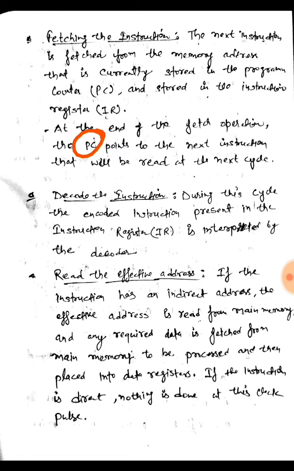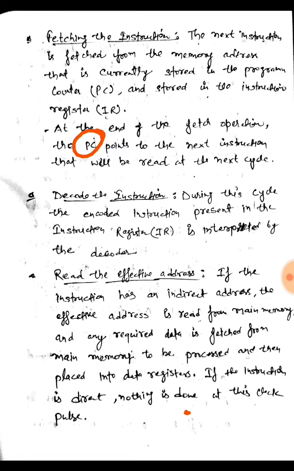Then the instruction will be decoded in the instruction register, and after that the next operation is to read the effective address. If the instruction has an indirect address, that is, if the instruction consists of an address to some memory location in the memory, the effective address is read from main memory, and any required data is fetched from the main memory to be processed and then placed into the data registers.